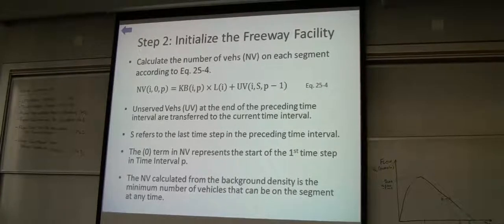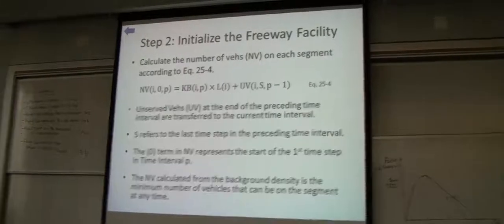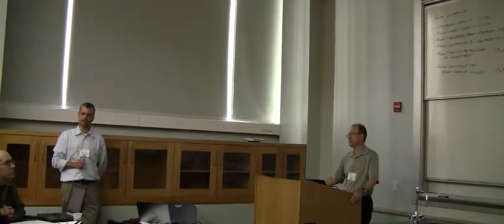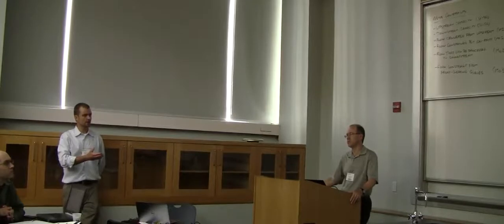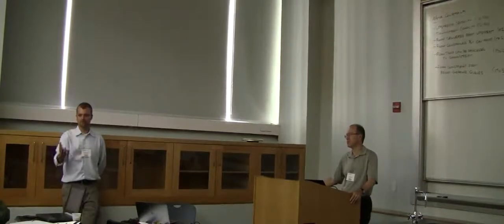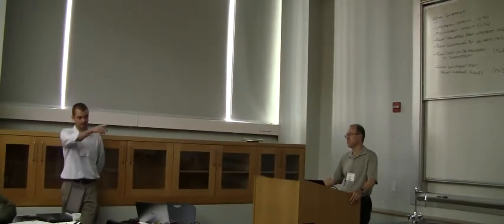Well, only that actually is what drives the performance measure of density. So if we jump ahead to the very end of the methodology, to get your density within any given segment in oversaturated, it's calculated based on these number of vehicles. So you get number of vehicles, you get a flow rate, you have a segment length that is converted to a density, and then that is converted to a speed.